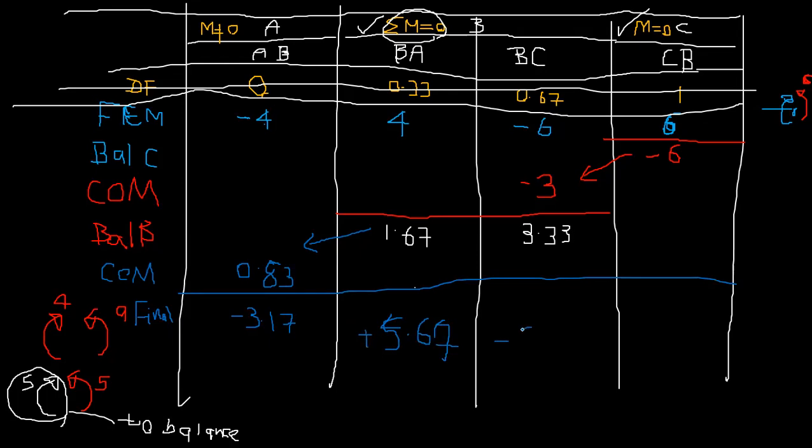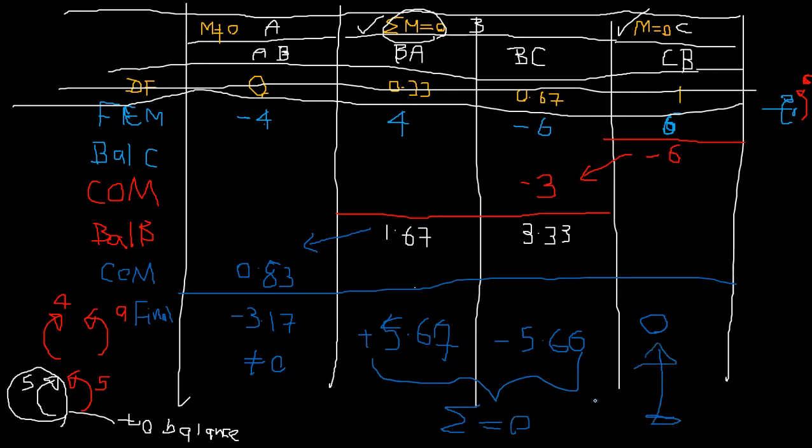This is minus 5.66, and here it's 0. Everything else is 0, this is non-zero. The summation is 0. So these are my final bending moments for the non-sway frame.